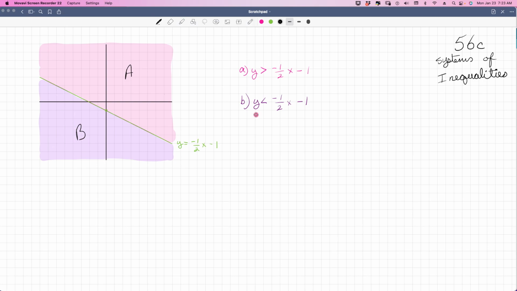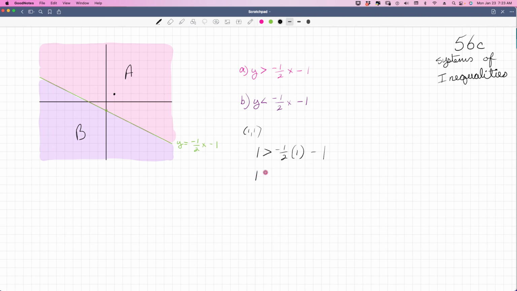At one point when we first began, we would test for a point. We would select a point, like 1, 1 right here in A, and test it to see if it was true. Our point is 1, 1. So 1 is greater than negative 1/2 times 1, because that's the x value, minus 1.